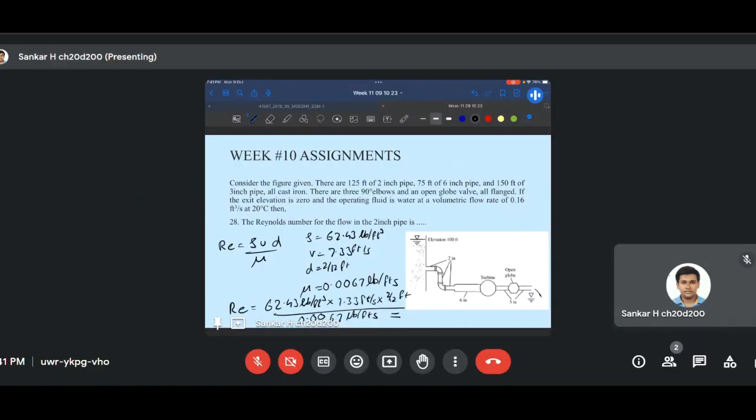Oh, sorry, this is not 0.0067, this is 0.00067. There's another 0 here. So we'll get the value as 113.834, somewhere around that.